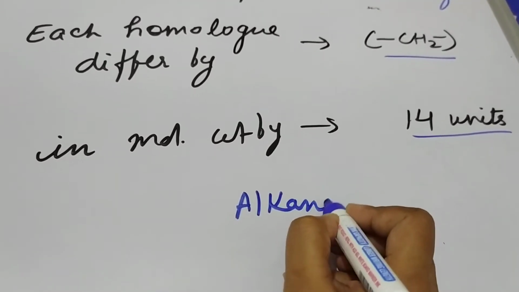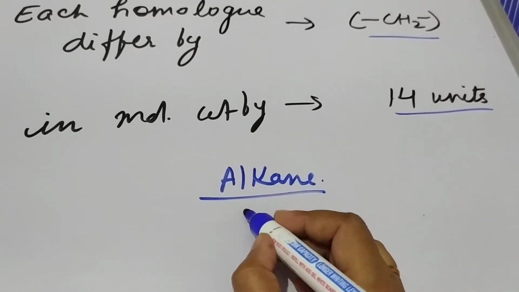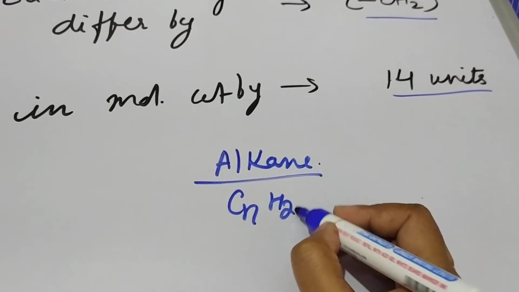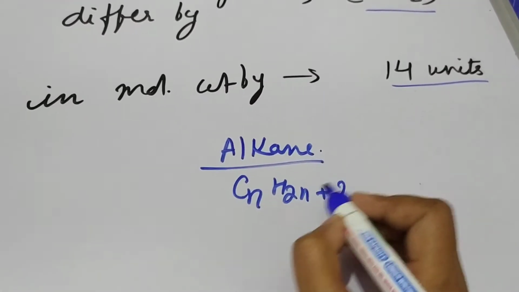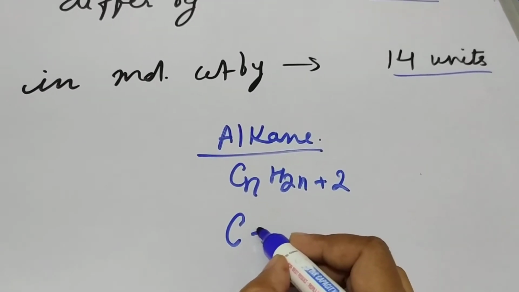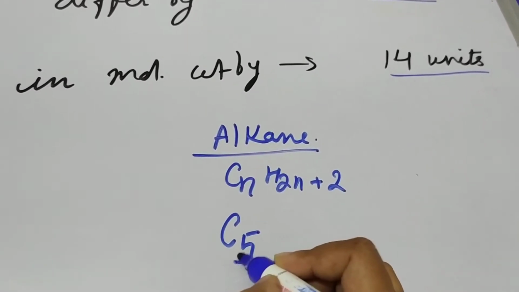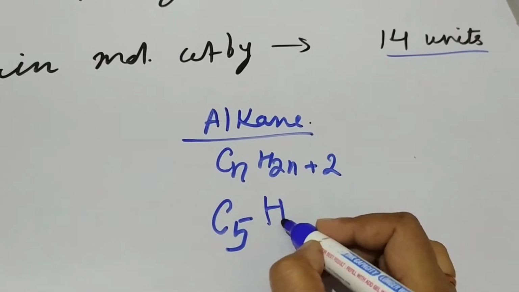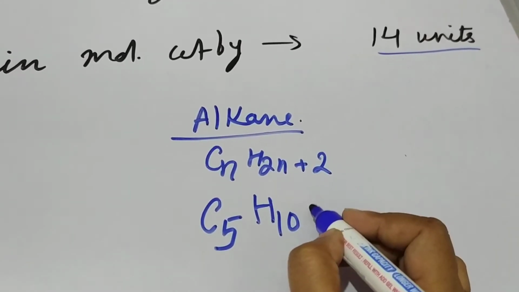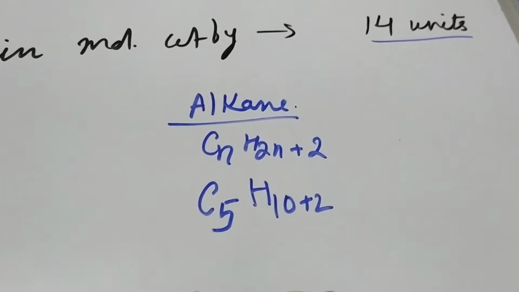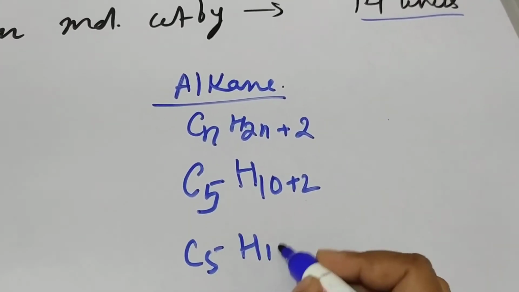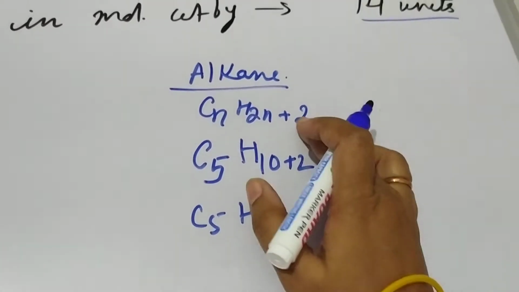One method is CnH2n+2, the general formula of alkanes. The value starts from 1, so the fifth member will have n equal to 5. C5H12 will be the formula of the fifth member of alkane from the general formula.